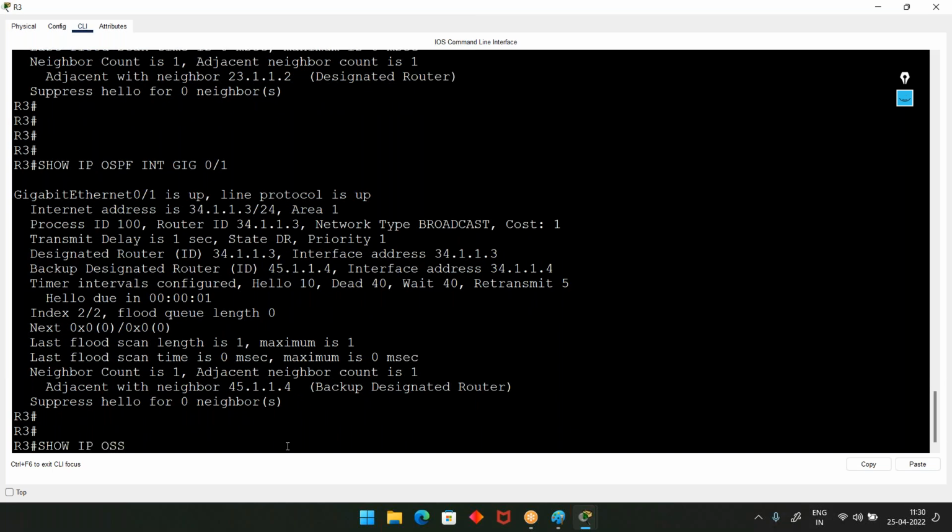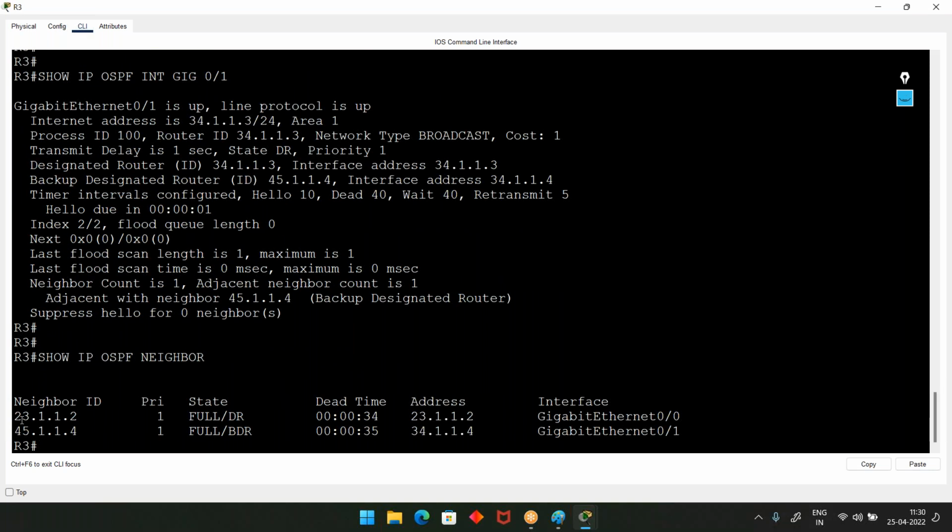Yes, we can see it here as well. Show ip ospf neighbor. R3 will form the neighborship with 23.1.1.2, that is the R2 router. R2 is the DR here, and from this neighbor, R3 is the BDR.